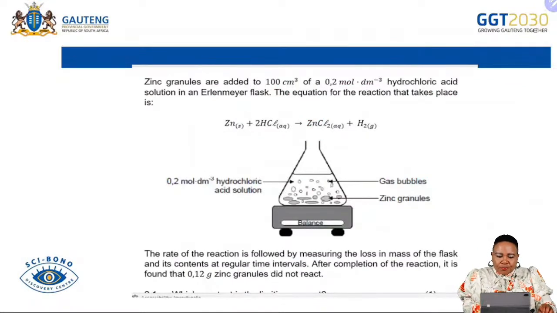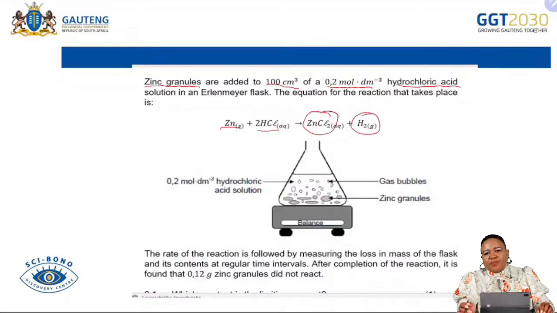Okay. Now another question. It says the zinc granules are added to 100 cubic centimeters of 0.2 mole of hydrochloric acid solution in this flask. The equation for the reaction that takes place is zinc plus hydrochloric acid gives you zinc chloride plus hydrogen gas.